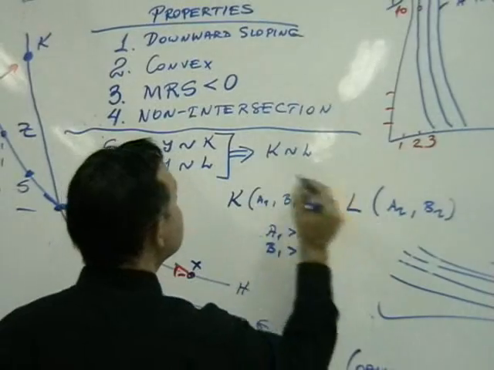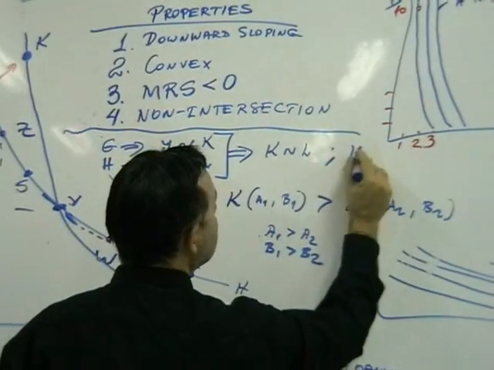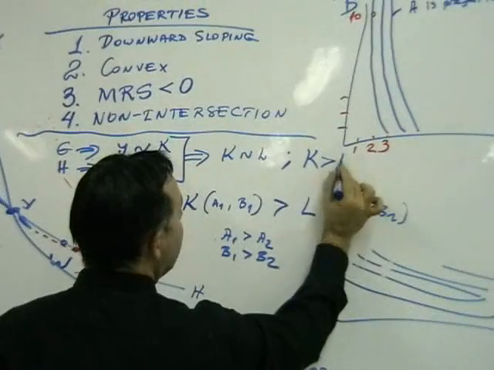So what we get is that at the same time, K is better than L.